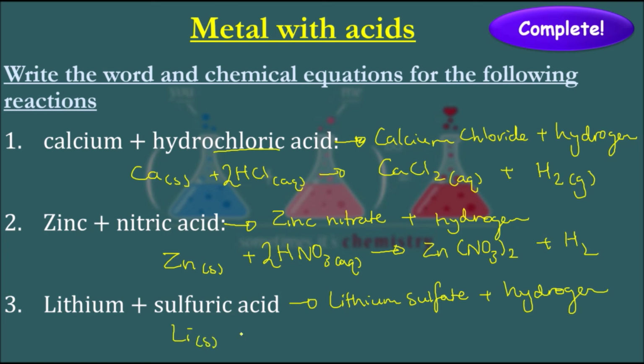Lithium is a solid, and we react it with sulfuric acid, which is aqueous. That leads us to have lithium sulfate, Li2SO4 aqueous, plus H2 gas. And for this one, the only part we need to balance is the 2 in front of the lithium.